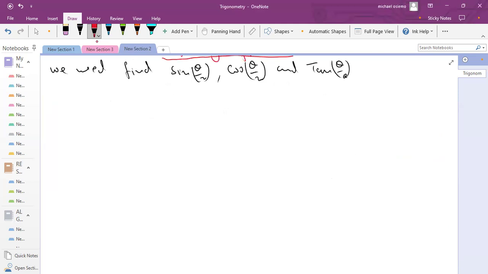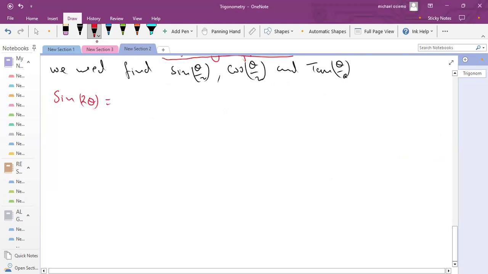So from the double angle formula, we have sin 2 theta is equal to 2 sin theta cos theta.